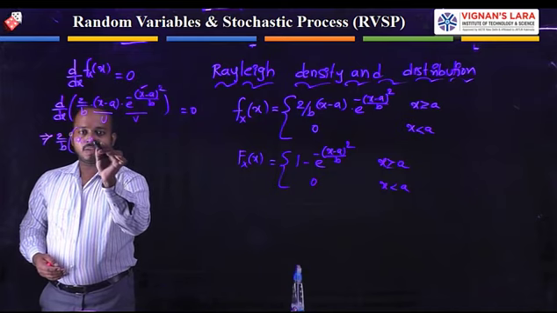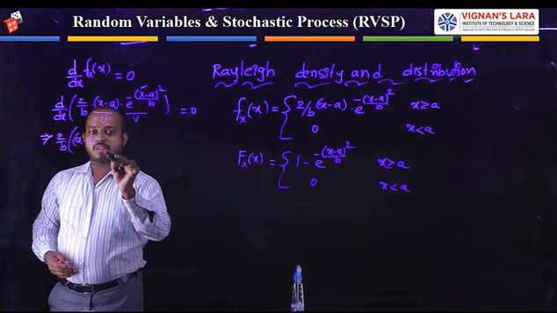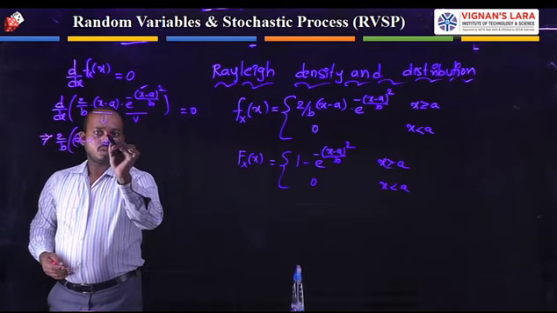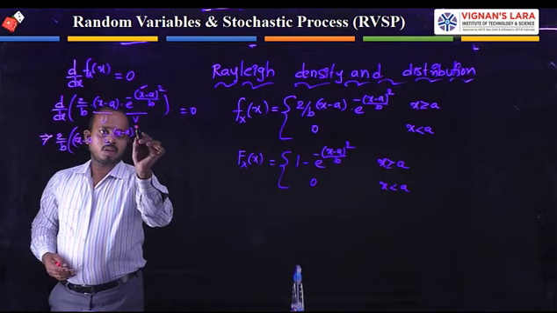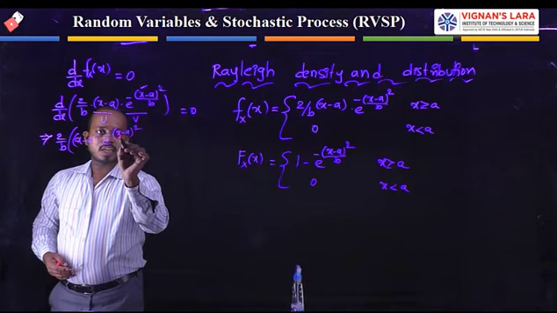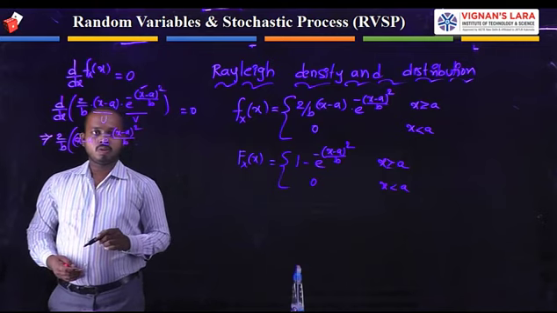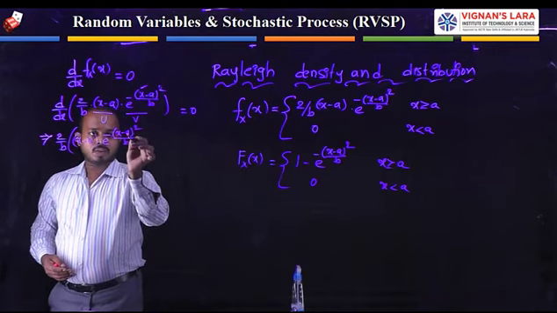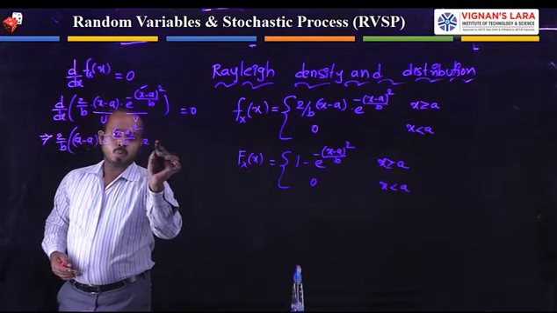(x minus a) into the differentiation of the second term with respect to x. The differentiation of the exponential term is also exponential. That's why I'm writing the same term, e power minus (x minus a) whole square by b, into the differentiation of the power. We need to apply the differentiation, that's why I'm writing 2.